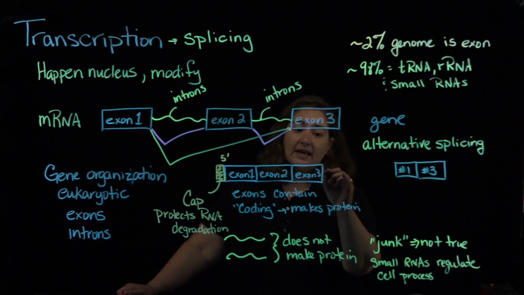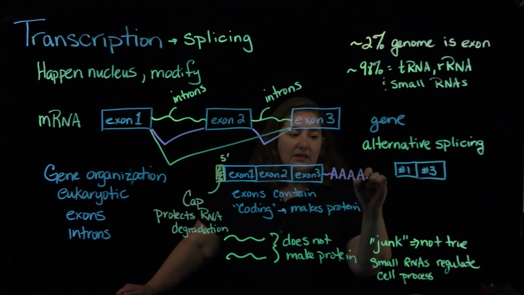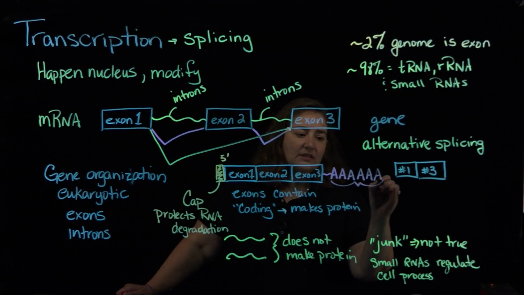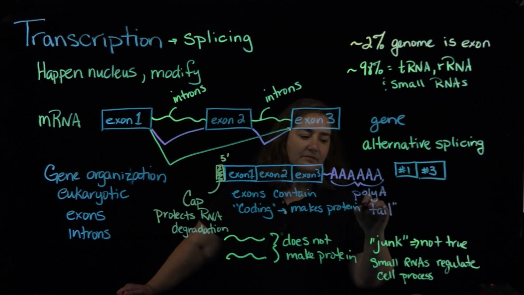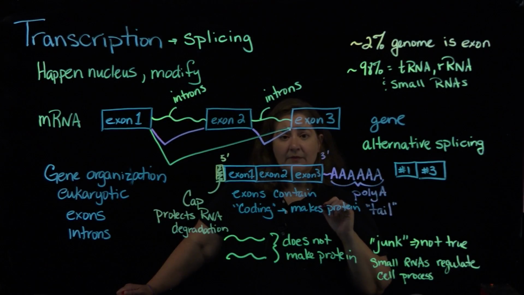The other thing that's added to messenger RNA at the end is going to be a string of adenines. That string is called a poly-A tail. Okay, the poly-A tail is always added to the 3' end.